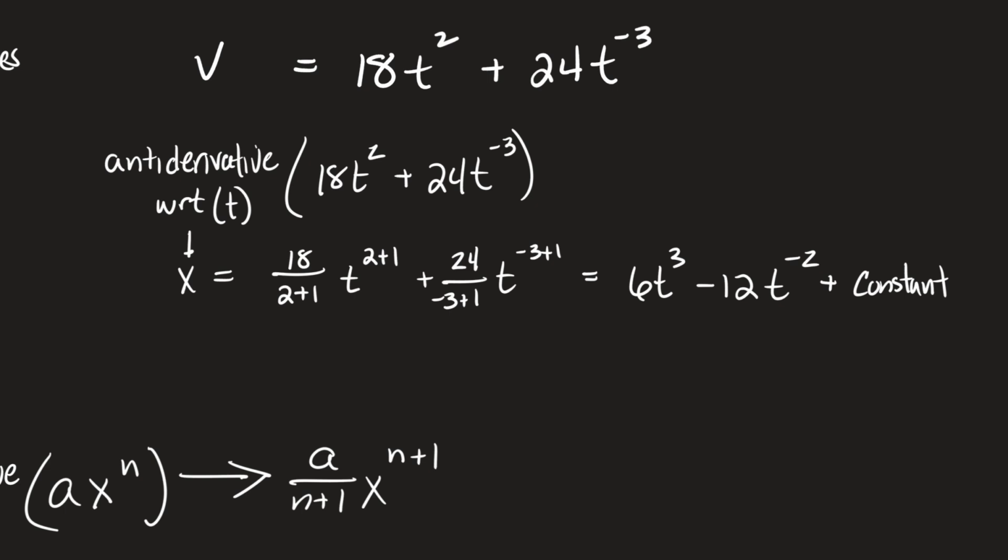So we're going to do one final example. Let's say I have a velocity function that looks like this. I want to find the position function and the acceleration function.